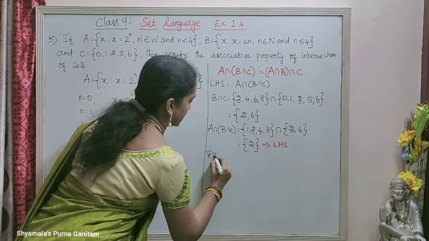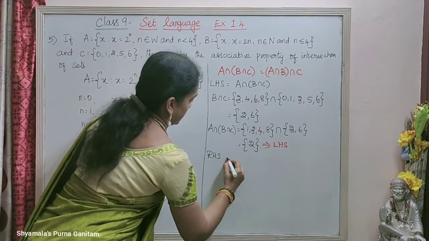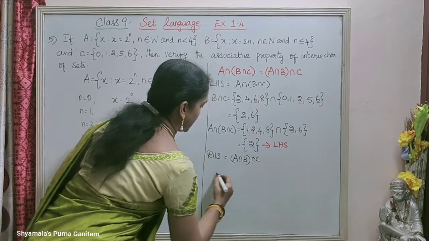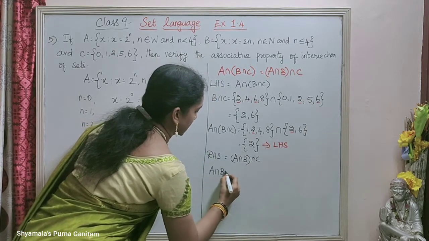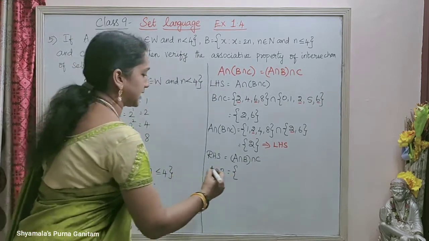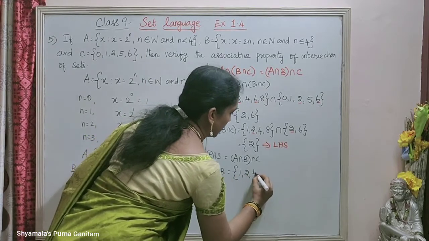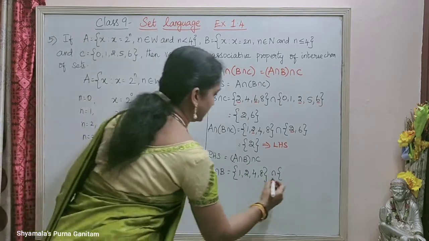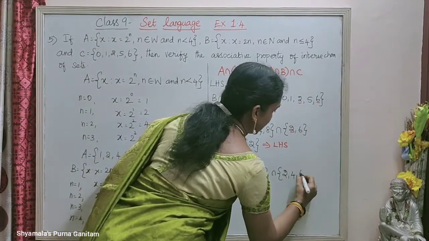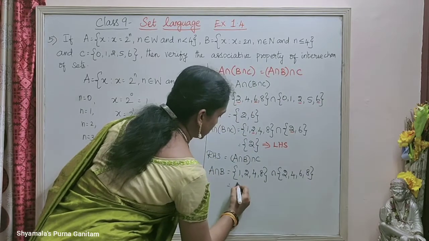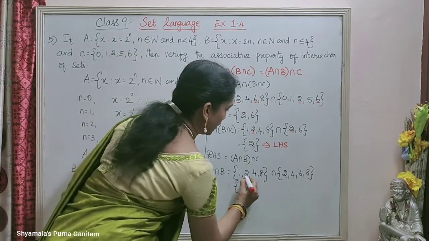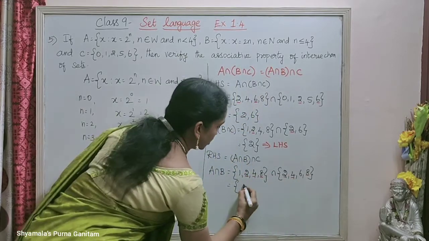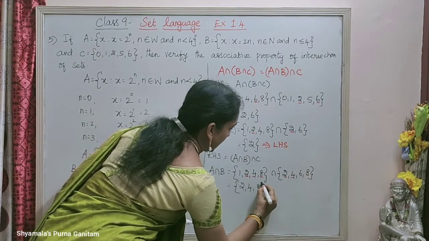So RHS is (A intersection B) intersection C. First we will find A intersection B. Set A is {1, 2, 4, 8}, intersection set B is {2, 4, 6, 8}. So the intersection between these two sets is 2, 4 and 8.